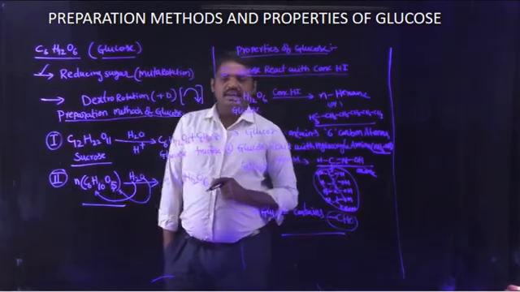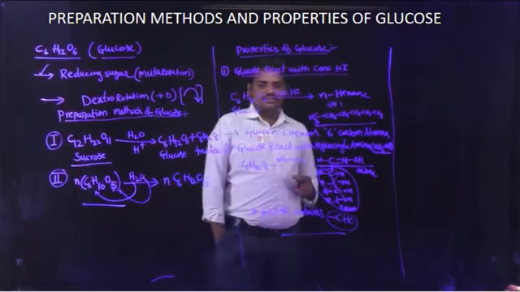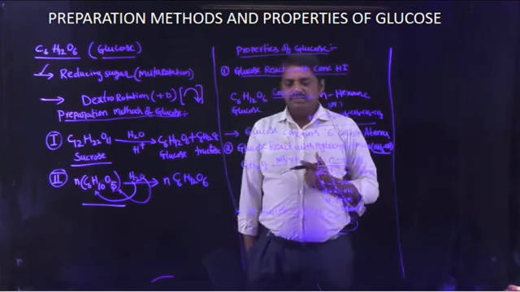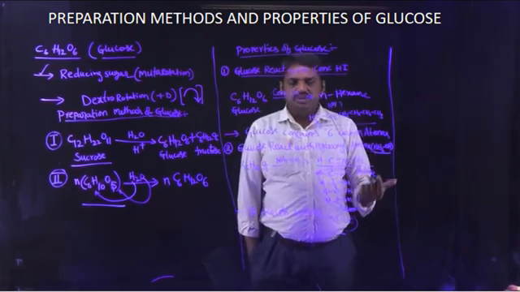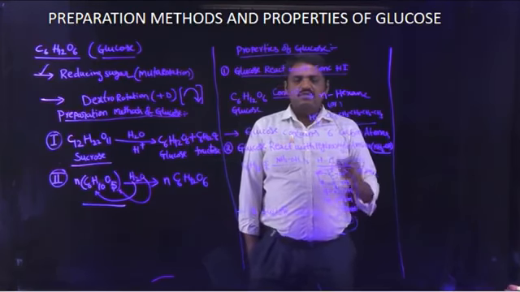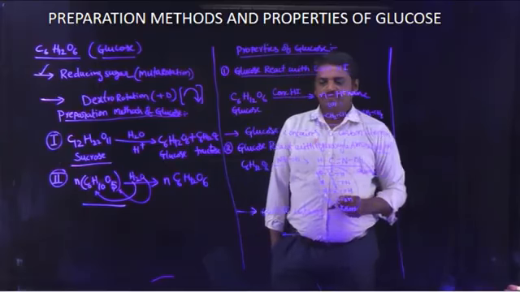That point is identified by using this reaction. Glucose reacts with hydroxylamine, so it produces oxime. That point is based on glucose containing one free aldehyde group.